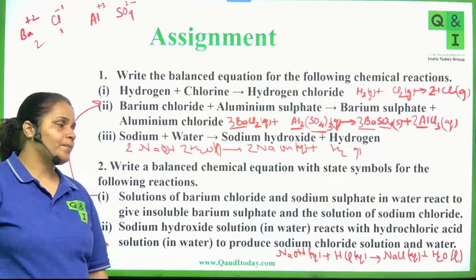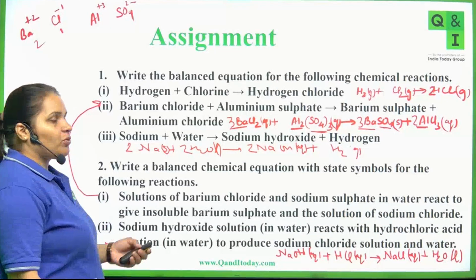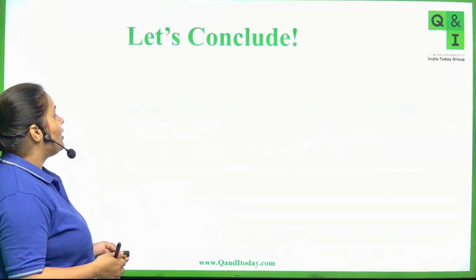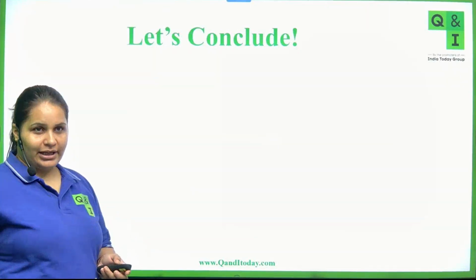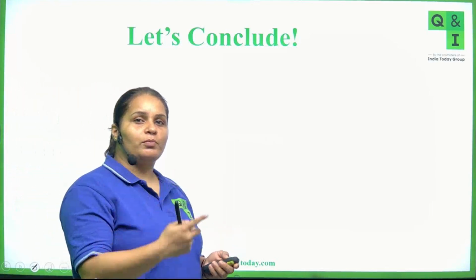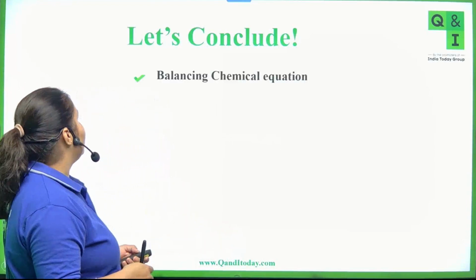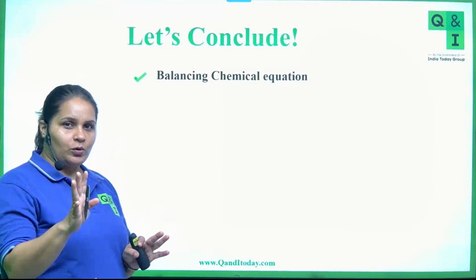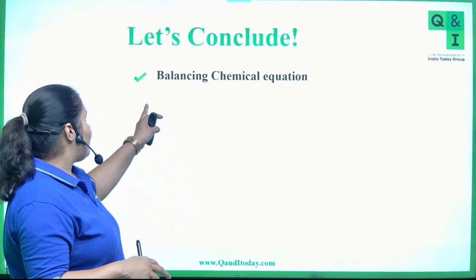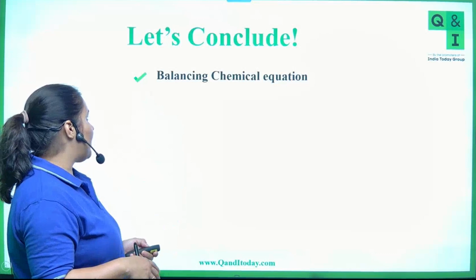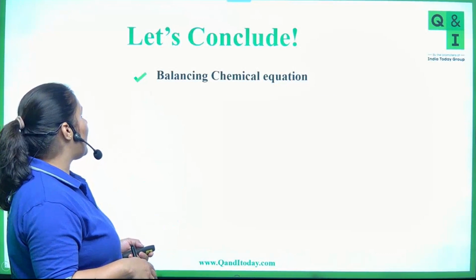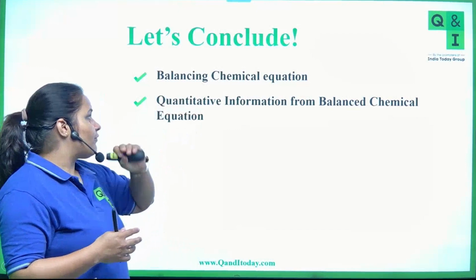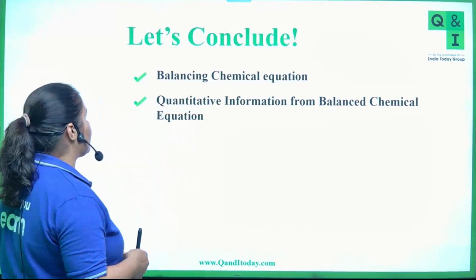Yes, ma'am. Okay, so this was your assignment actually. So we tried these questions here. The problem here is that one of the systems where more PPTs are kept is not working, so we'll try to do it without PPT. So far we did balancing chemical equations and saw what quantitative information we get from the balanced chemical equation.